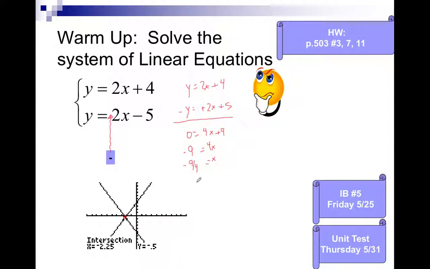And then if you find an x point, how did I get this y point? You take x and you plug it back into either equation. It matters not. 2 times negative 9 fourths plus 4 is equal to y. Negative 9 halves plus 8. Did I do that right?